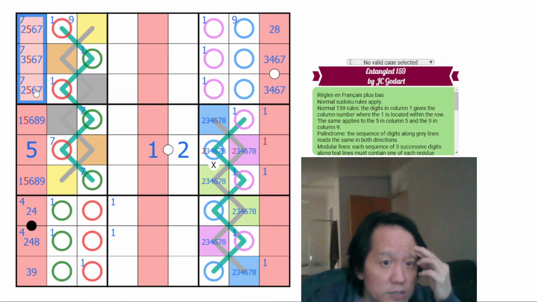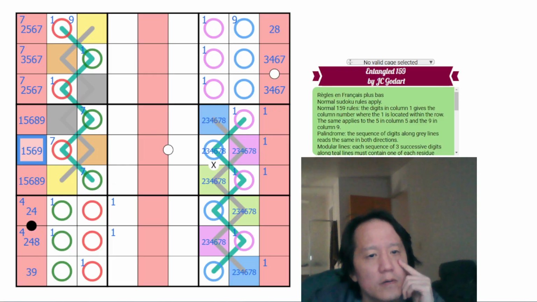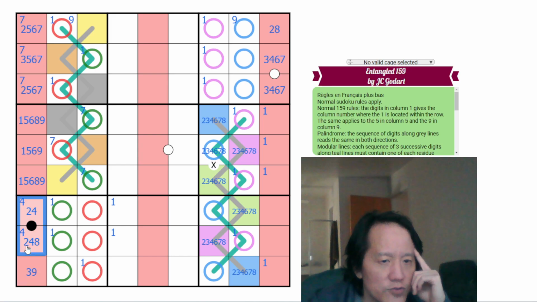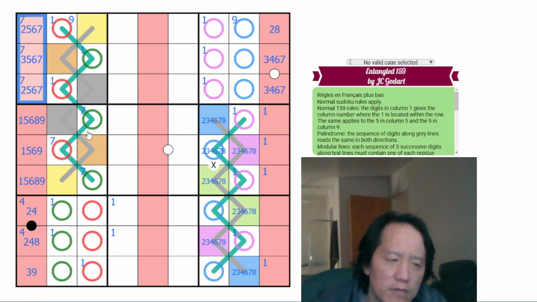So this is 2, 6, 7. So either way, if this is 9, this is 3, so this is 4, 8. So this is 2, 6, 7. If this is 5, this can't be 5. This has to be 6. So then it's 2, 6, 7 again.